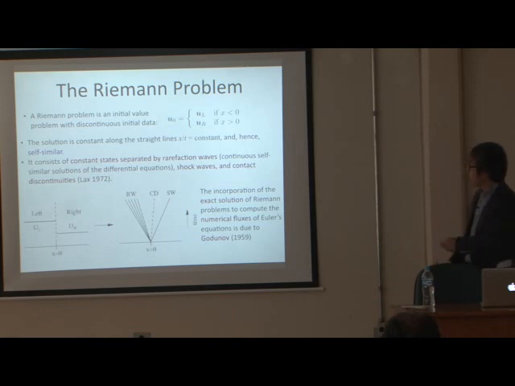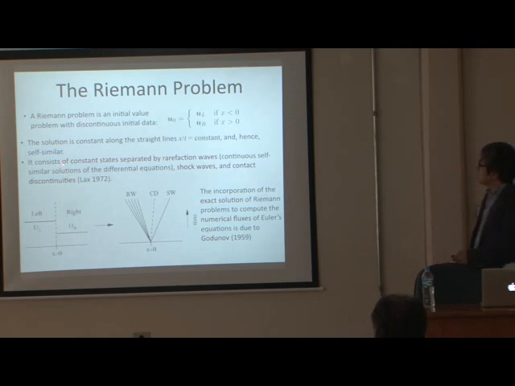Here we can say the left and the right states, for x going to lower or higher. The solution is constant along the straight line x over t equal constant. Therefore, it means we can consider the self-similar situation.